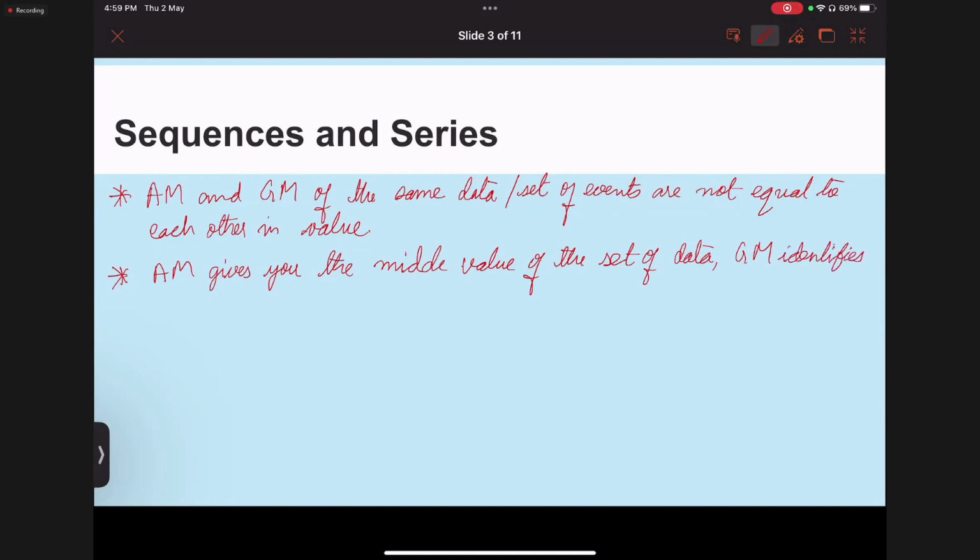Geometric mean identifies the central tendency of the set of data. Okay, so it's not necessarily the center or the exact middle term of the set of data.